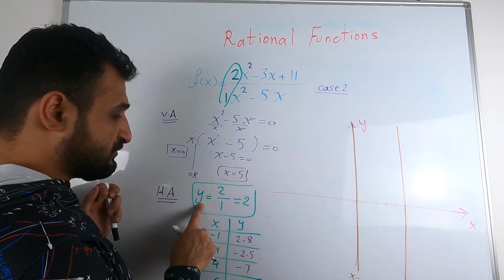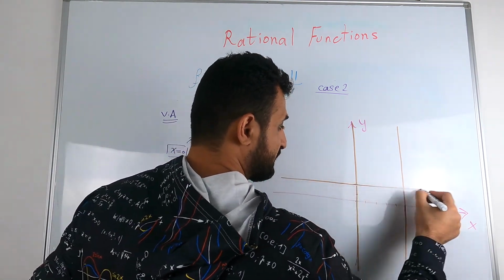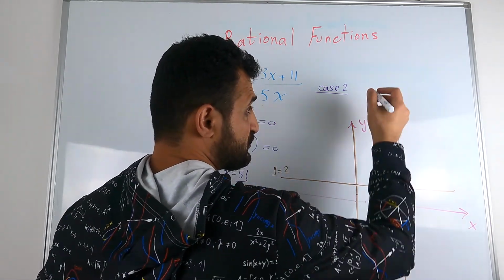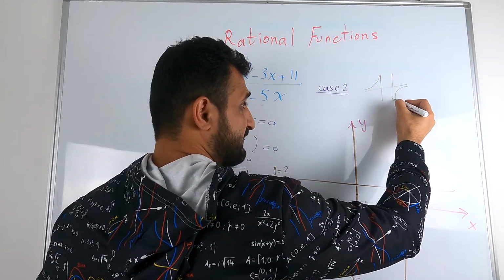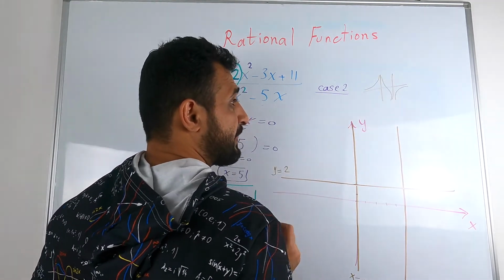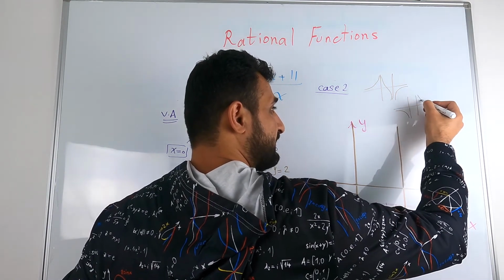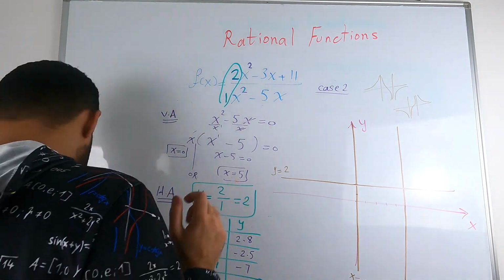Now horizontal asymptote, y equals 2 here. Remember, when the asymptotes look like each letter, your graph either will be like that or will be like that. Here, and between them, matching between both. Remember that, always it comes like that.